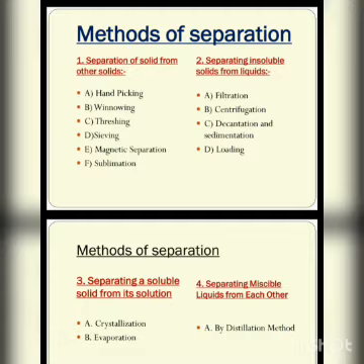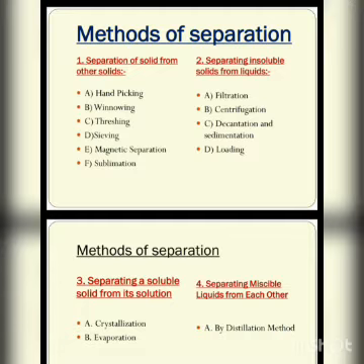The third one is separating a soluble solid from its solution, meaning a liquid and a solid solution. Like we have to separate one glass of water in which two tablespoons of salt is dissolved.